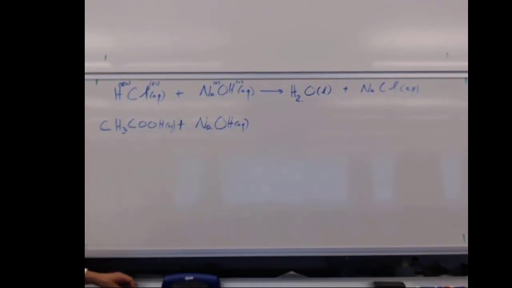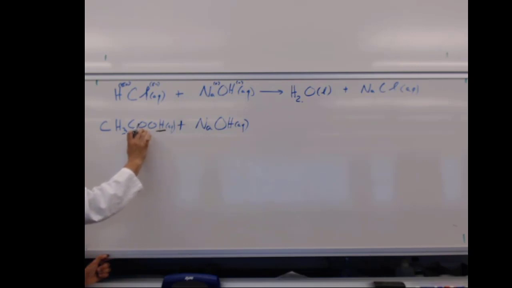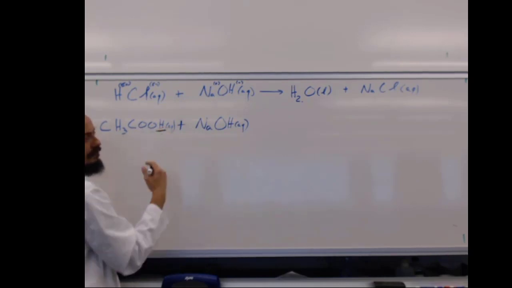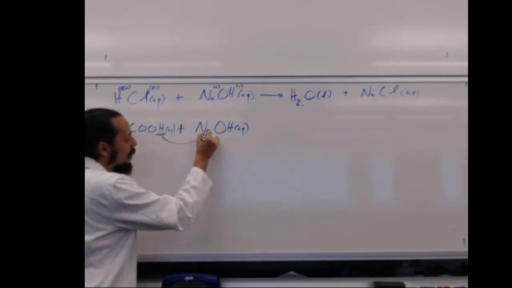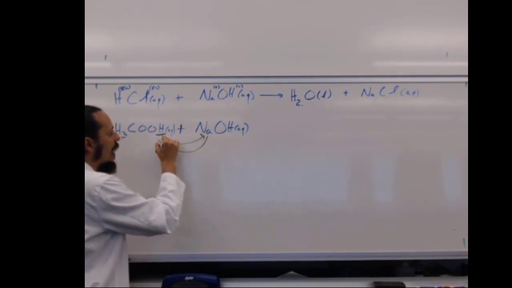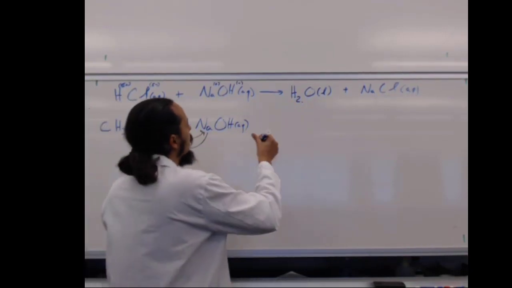Now, we're going to do the same thing. This is an acid. So this hydrogen, the acidic hydrogen, is going to be the one that's in the carboxylic acid group. Carboxylic acid is acidic. That hydrogen is going to replace the sodium, and the sodium is going to hop over. Flip-flop reaction just like we had before.